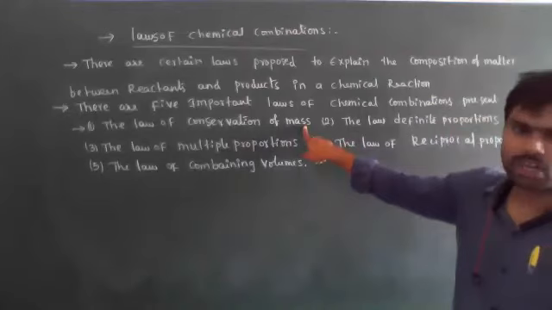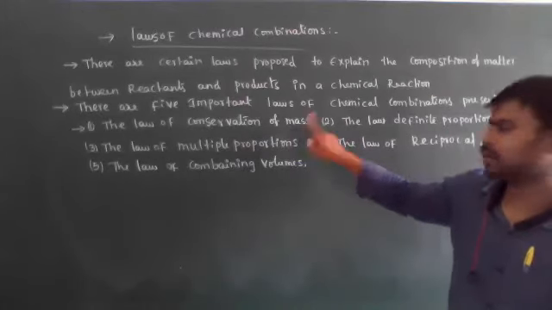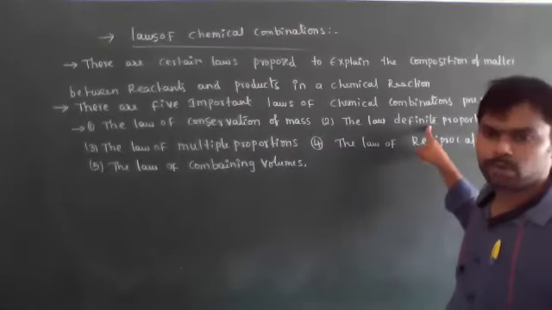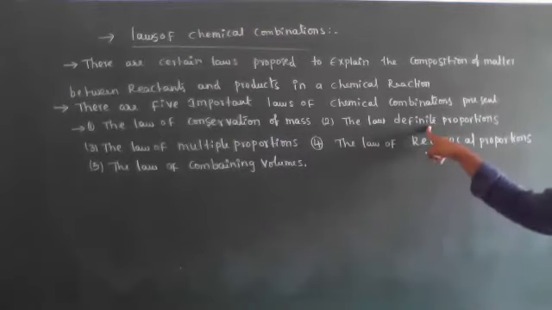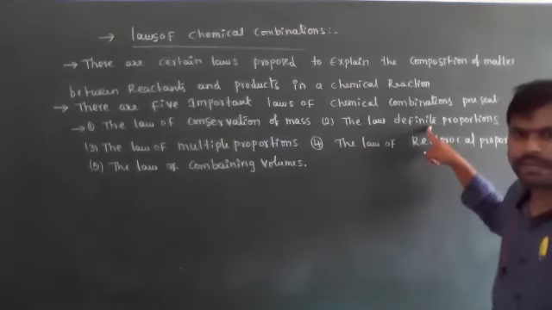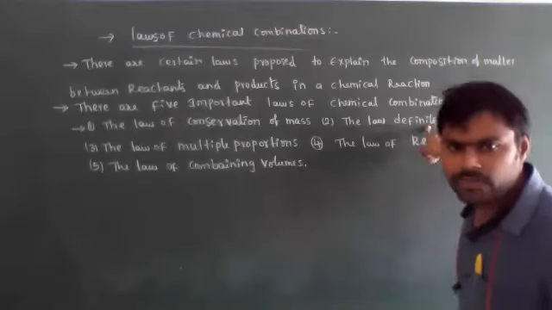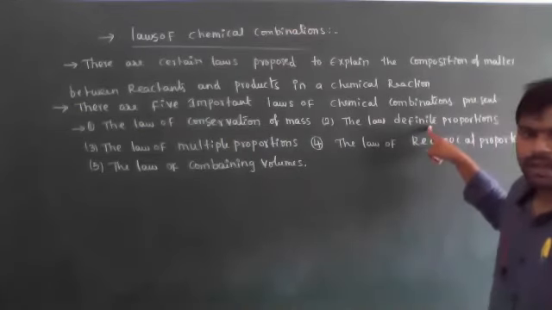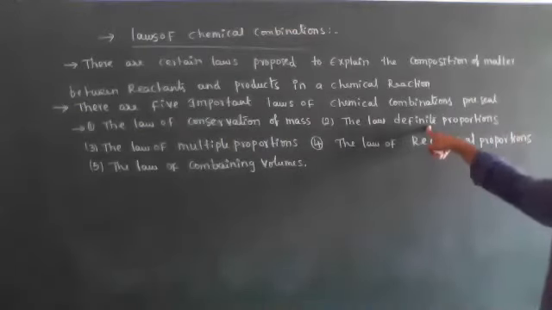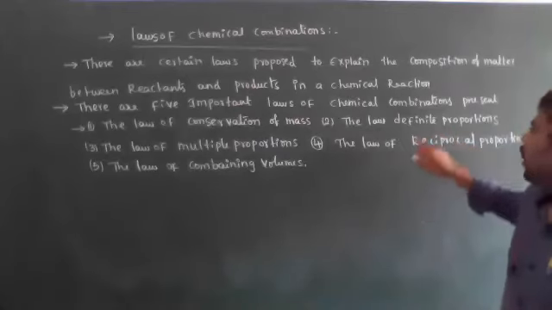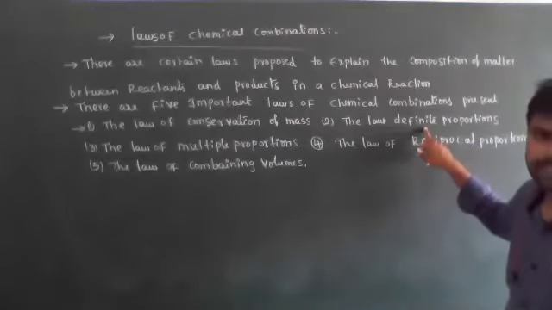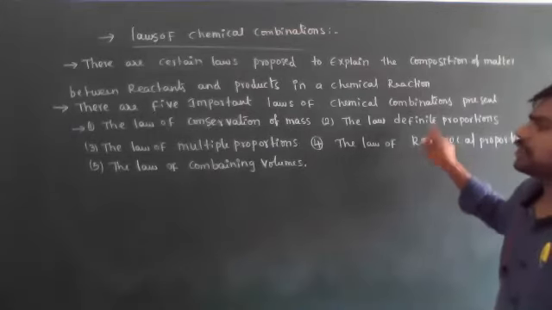The law of conservation of mass, you know very well, and the law of definite proportions. What are the different names? The law of definite proportions, fixed proportions, or constant proportions.